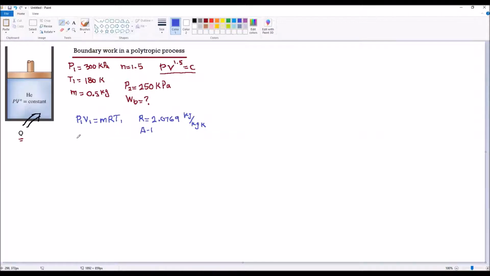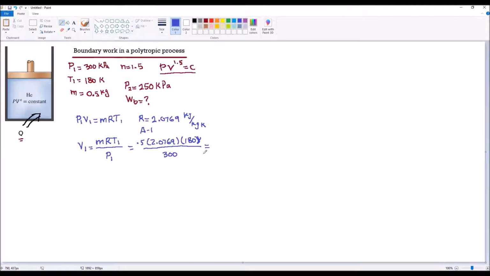Now we can determine the initial volume as m R T1 divided by P1, or 0.5 times 2.0769 times temperature divided by the initial pressure, 300.